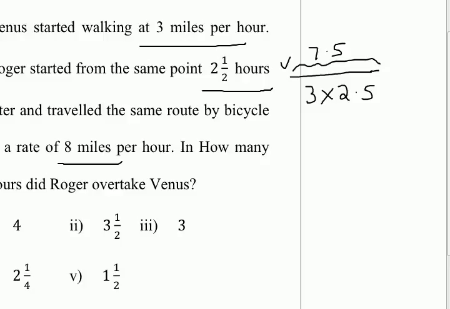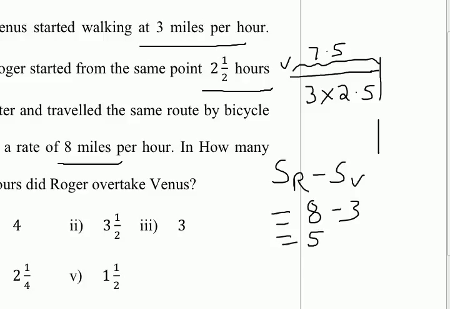Now this is the point at which Roger starts, and what is the relative speed? They're traveling in the same direction, so speed of Roger minus speed of Venus, which is equal to 8 minus 3, which is equal to 5 miles per hour.